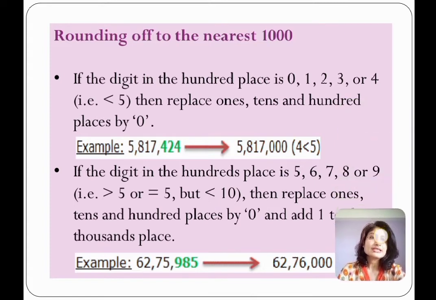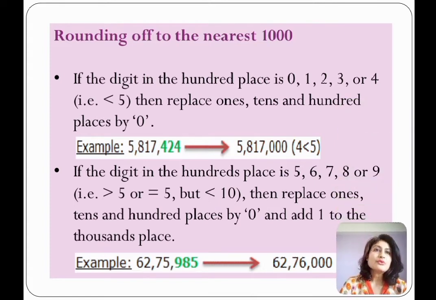Now next is rounding off to the nearest 1000. For that we need to check the 100 position. If it is less than 5, then we keep the 100, tens and ones positions as they are. And if it is greater than or equal to 5, then we replace the 100, tens and ones positions with 0 and we add 1 to the 1000 position.